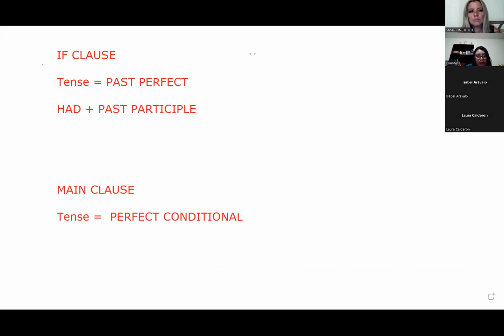Okay, I will help you, Isabel. If Tom... so normally what we do in the third conditional is to change the negative and positive.